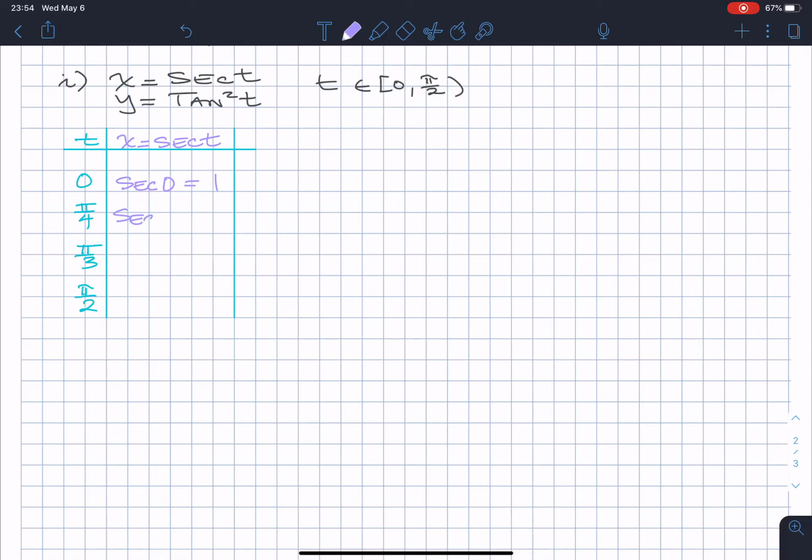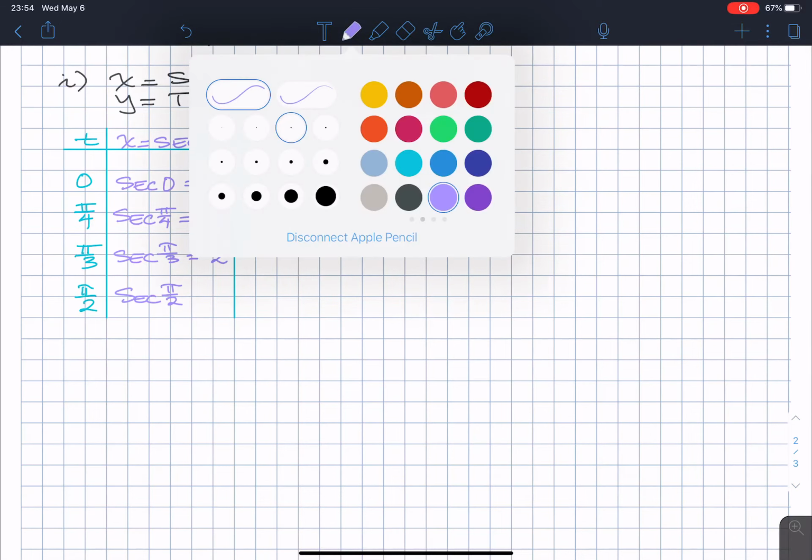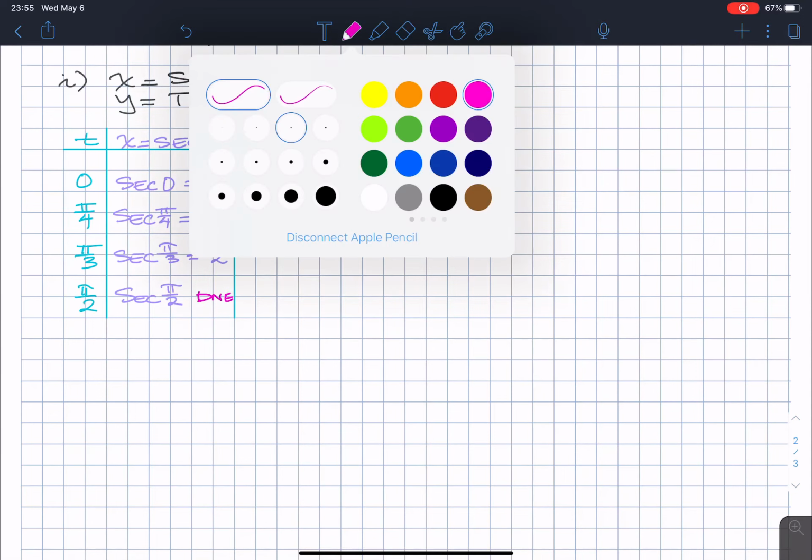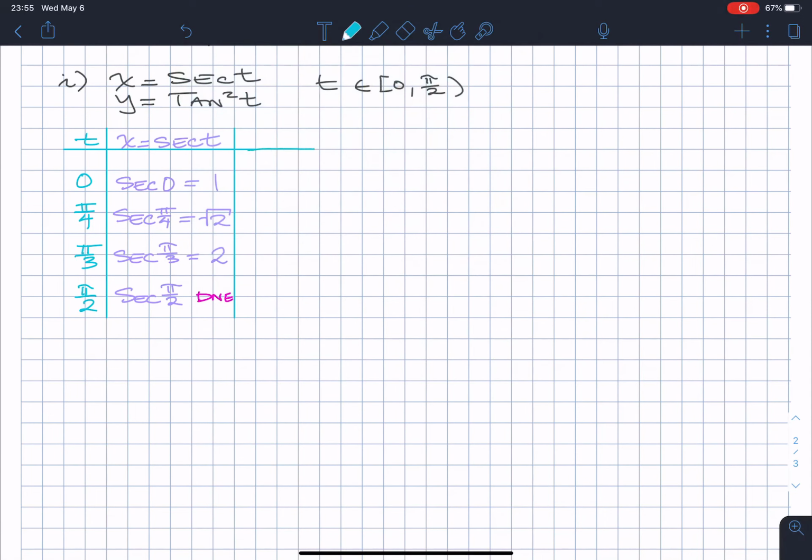Secant of pi/4 is the reciprocal of cosine of pi/4, so that's the square root of 2. Secant of pi/3 is the reciprocal of cosine of pi/3, so that's 2. And secant of pi/2 does not exist. It's a vertical asymptote. It approaches positive infinity because cosine is approaching 0. So I'm just going to put DNE, which is why we can't include pi over 2.